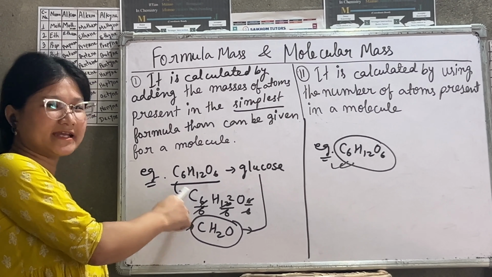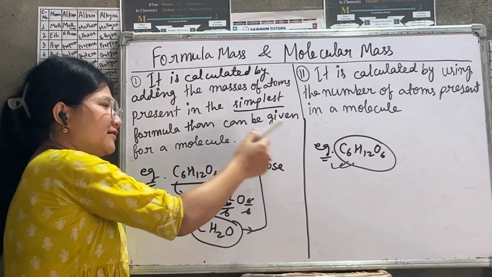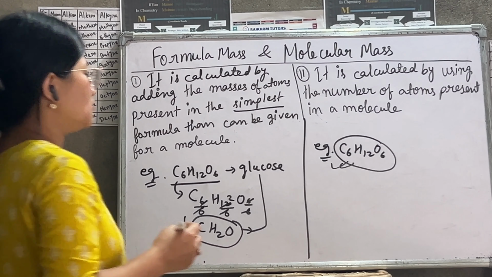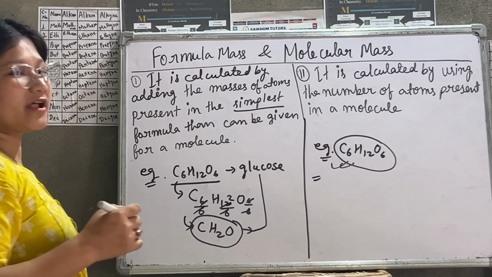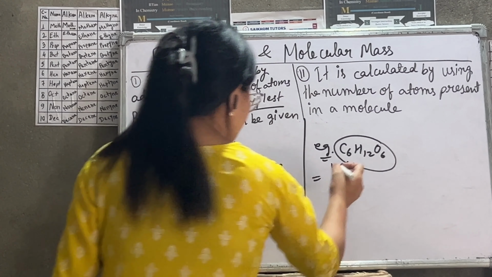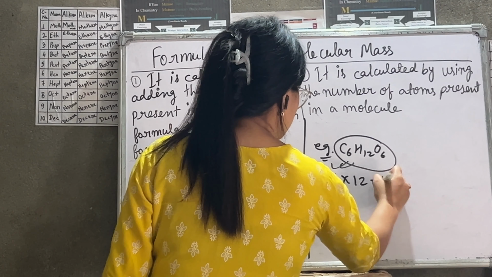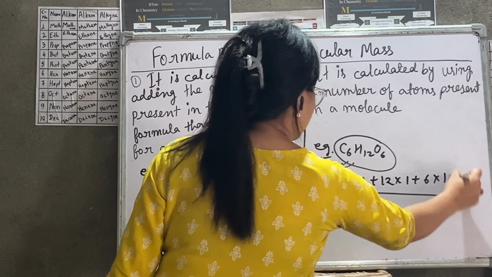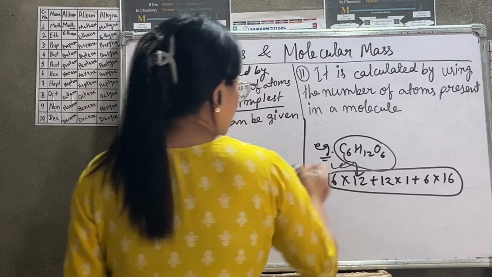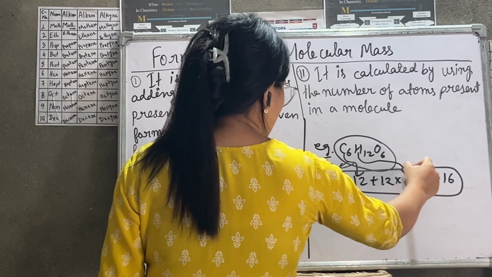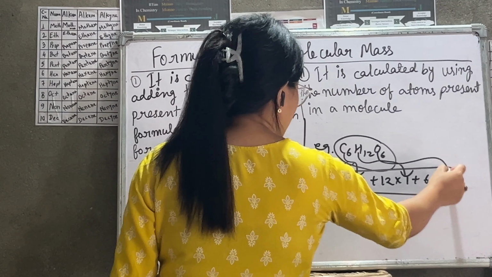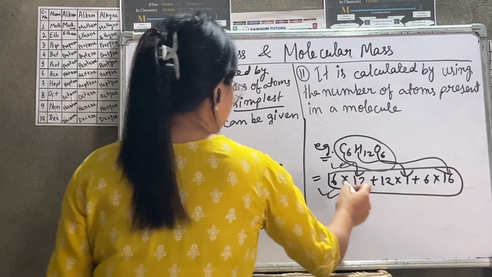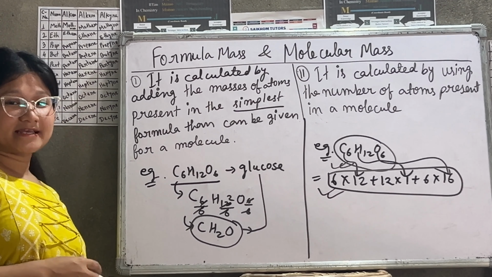So the molecular mass of that molecule is 6 into 12 plus 12 into 1 plus 6 into 16. This is the atomic mass of carbon, this is the atomic mass of hydrogen, and this is the atomic mass of oxygen. The calculation technique is the same for both.